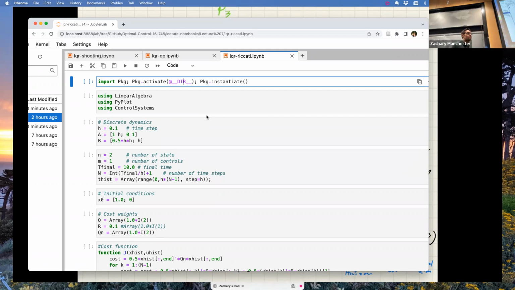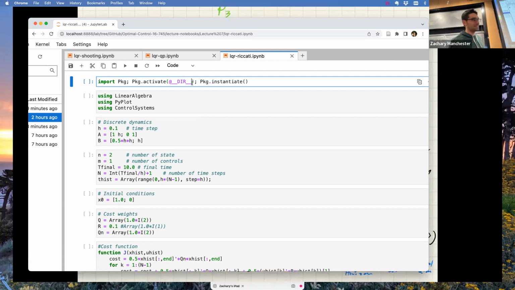Like x and u didn't show up anywhere in that Riccati thing, right? The things that show up in that backward pass are A, B, Q, and R. That's it. There's no x's or u's in there whatsoever. So it works. And in this LQR problem, it's giving you a global feedback policy that works anywhere from any initial condition. I only have to do Riccati once, and then for any initial conditions you give me, I can just plug it into the feedback policy and get the optimal solution, which is cool.